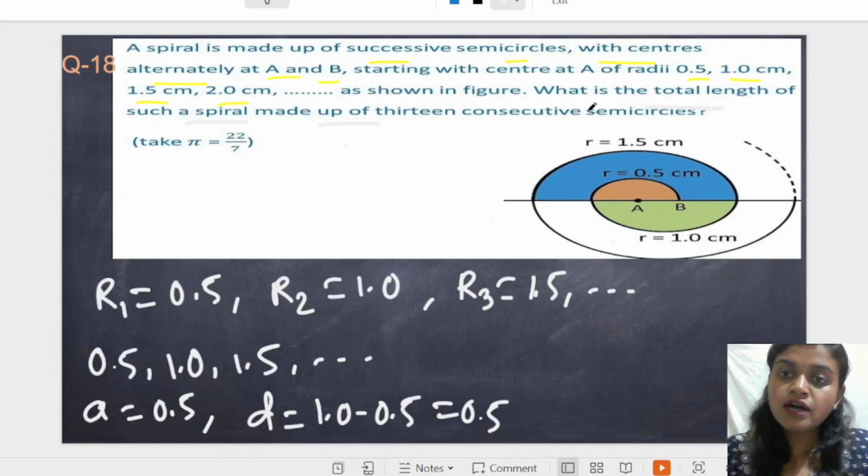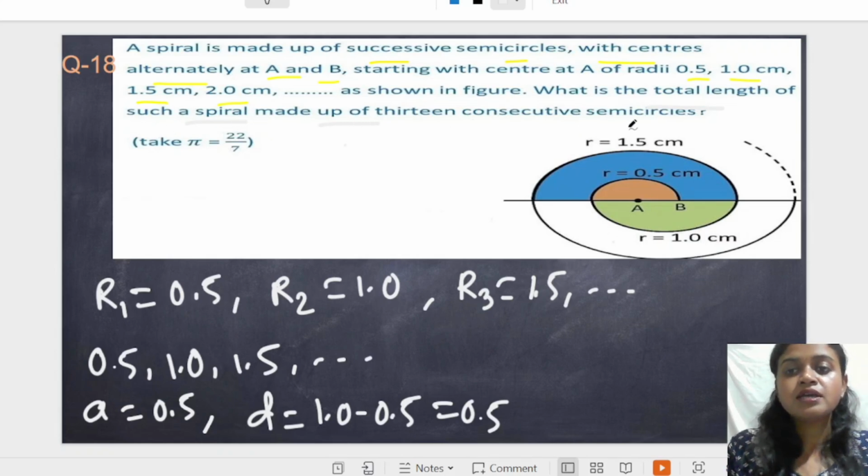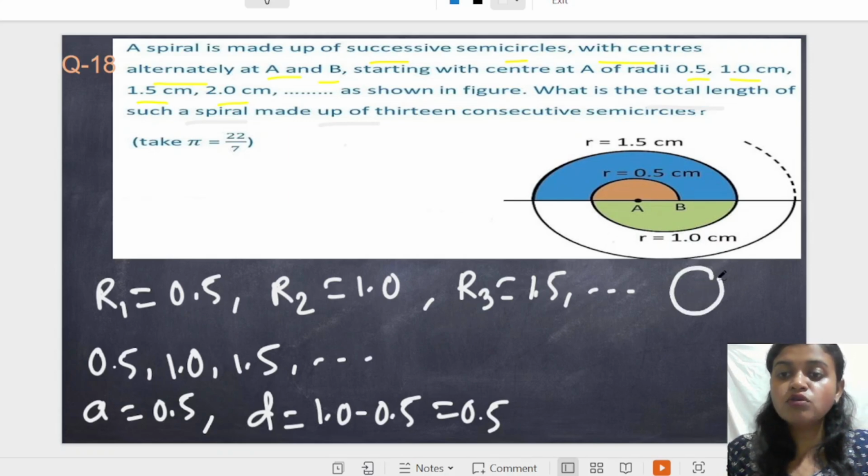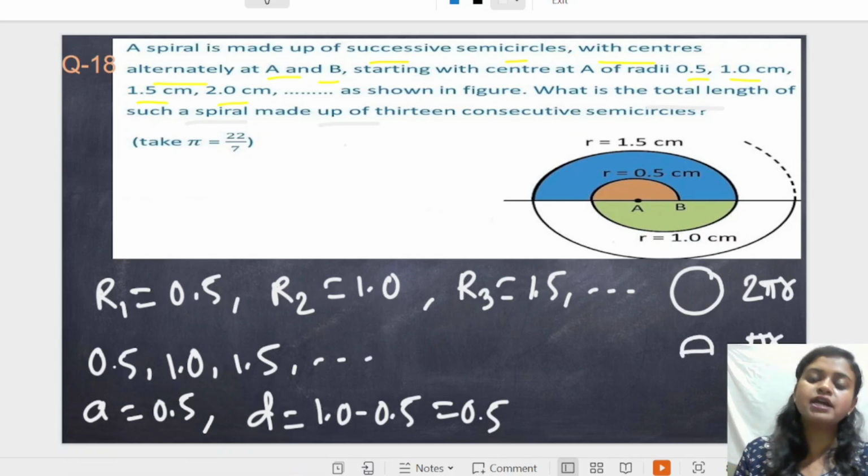So you have to find the length of such a spiral made up of 13 consecutive semicircles. Length means we have to find the circumference of a semicircle. The formula for the circumference of a circle is 2 pi r, so in the case of a semicircle, if you divide by 2, you get pi r.